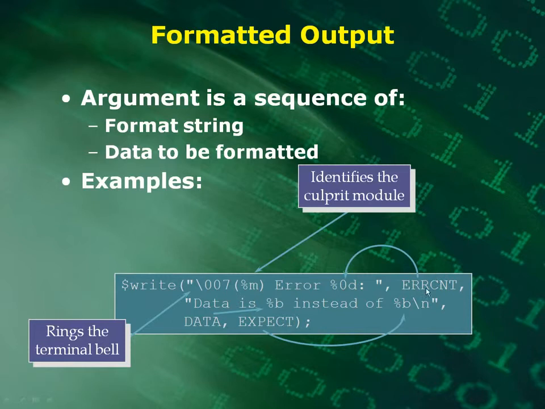This argument here, error count, goes with this %0d, and this will print out the minimum field width. So one of the things I want you to try is look at the difference between printing things with %0d or b or whatever, and those statements that don't use the 0 in front of it. And also try putting some other numbers in there and see what happens.